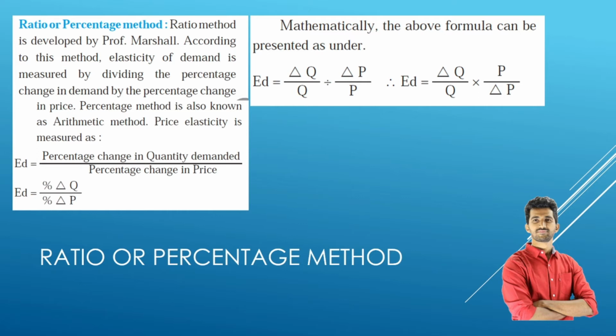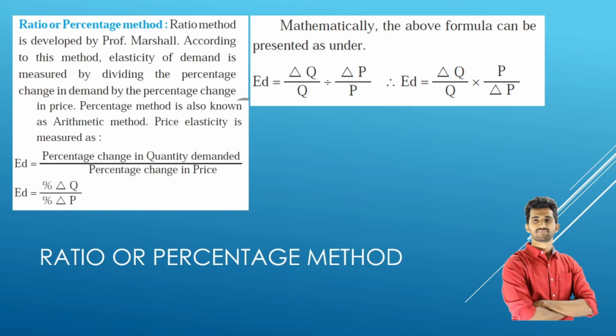Ratio or percentage method. My dear students, this method was developed by Professor Marshall. According to this method, elasticity of demand is measured by dividing the percentage change in demand by the percentage change in price. So the formula is very simple.